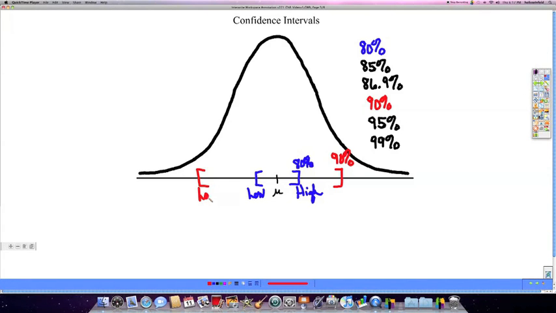And if we want to be more sure, if we want more assuredness that the population mean is going to fall in our interval, then that means we have to widen our interval.